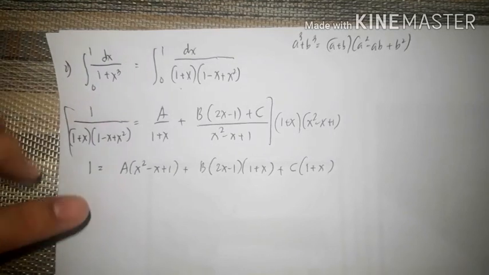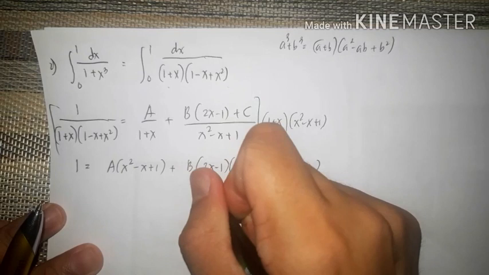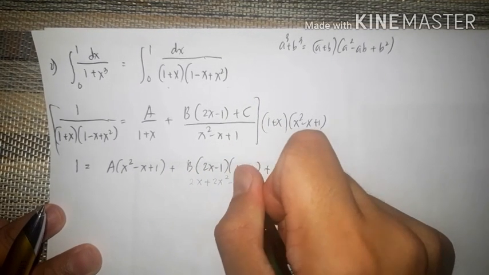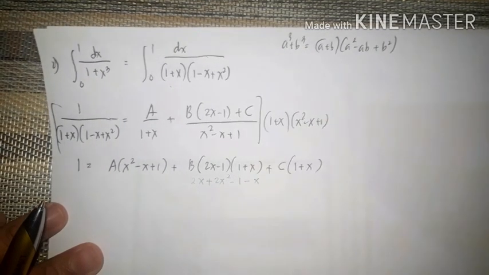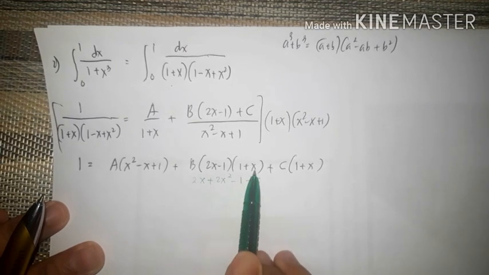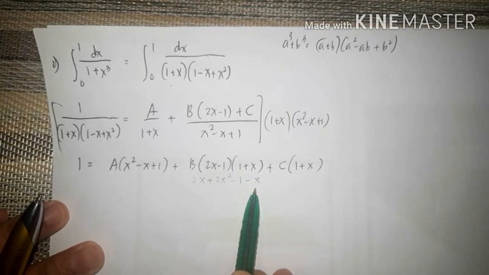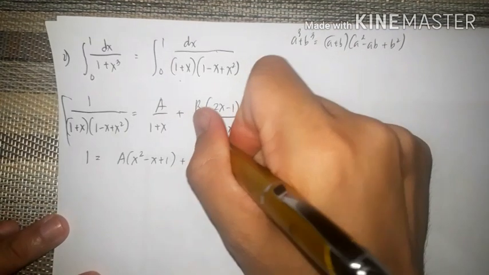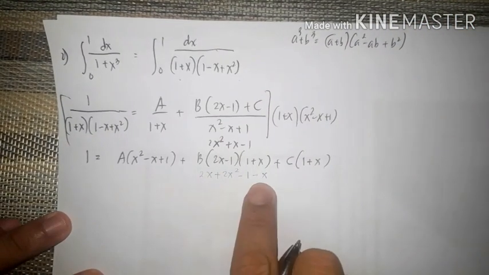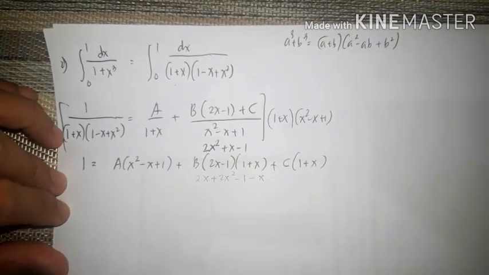So using equating coefficients, multiplying this first: 2x times 1 is 2x, 2x times x squared is 2x squared, negative 1 times 1 is negative 1, negative 1 times x is negative x. So that gives you 2x squared plus x minus 1, because 2x minus x is x.